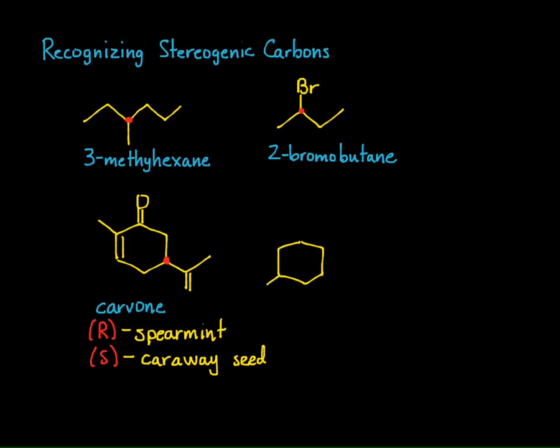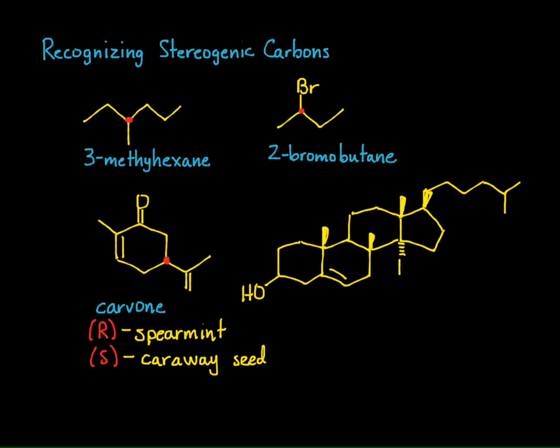And I can draw even large structures. We see this is a particular stereoisomer that we call cholesterol. So cholesterol has, if you count all of them, 1, 2, 3, 4, 5, 6, 7, 8 chirality centers.